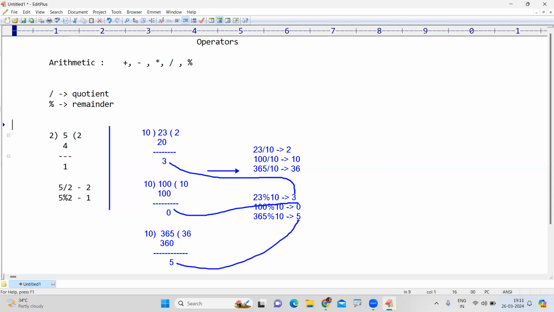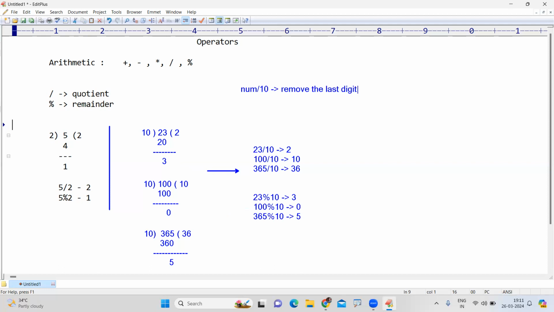But why did I explain this one? When you divide any number with 10, it will remove the last digit from the number. If you perform mod 10, it gives the last digit of that number.